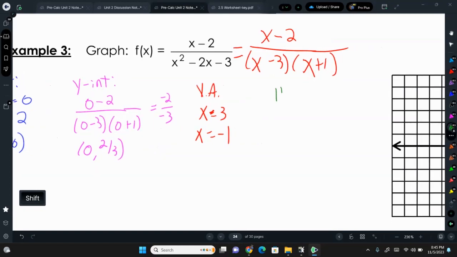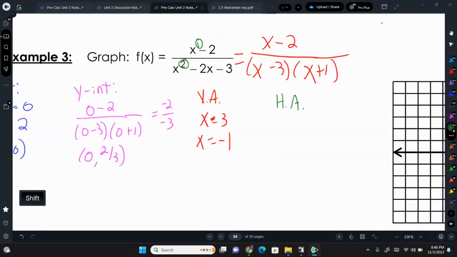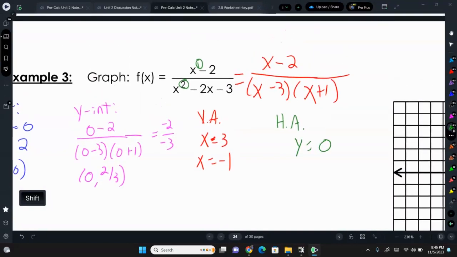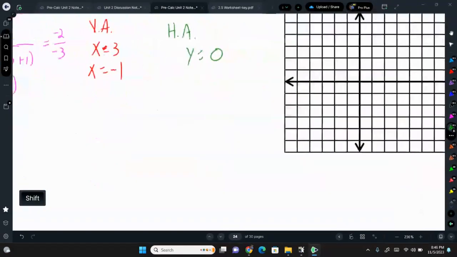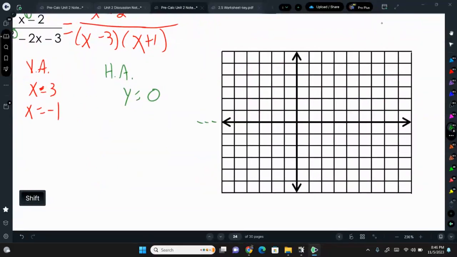And then the horizontal asymptote, we can use the original one. The degree in the denominator is bigger than the degree in the numerator, so y equals 0. So let's do y equals 0. We have a vertical asymptote at negative 1 and at positive 3.